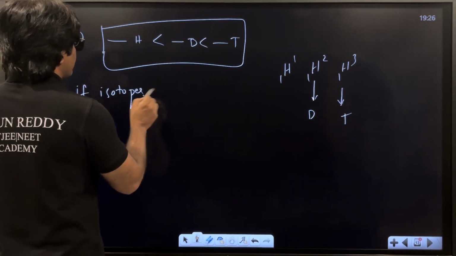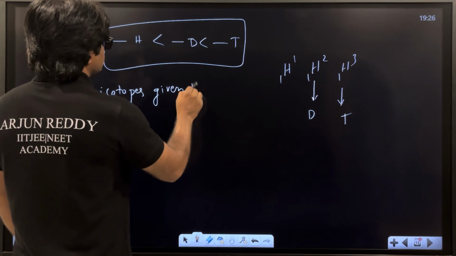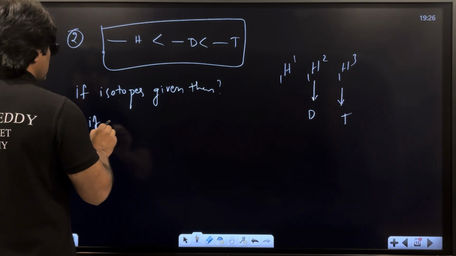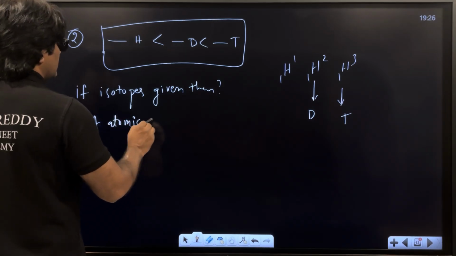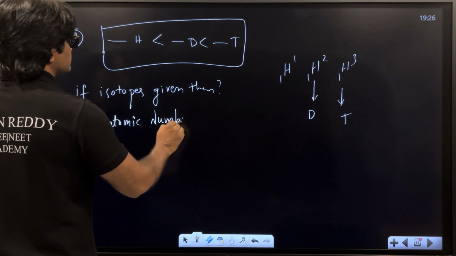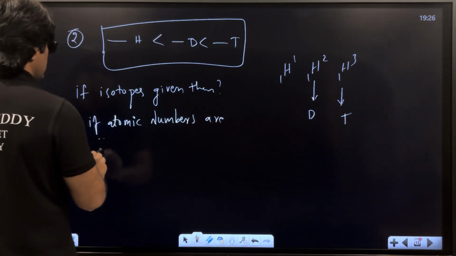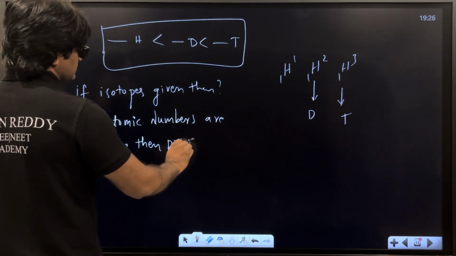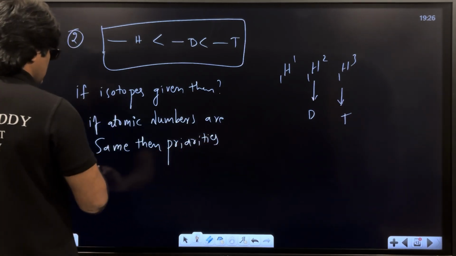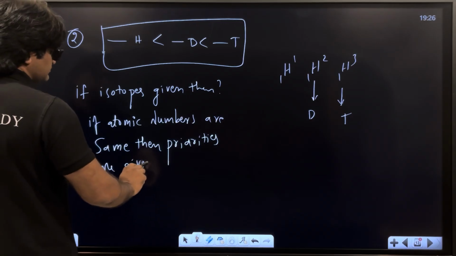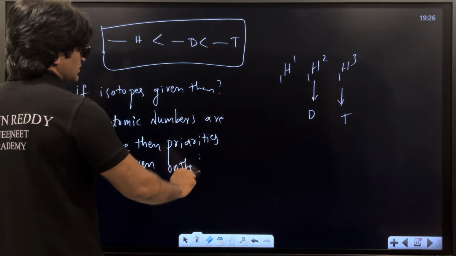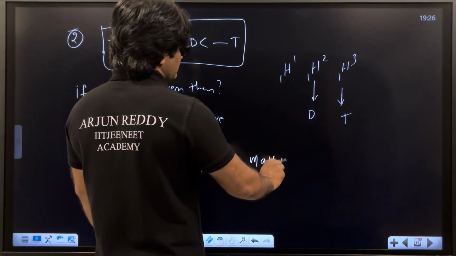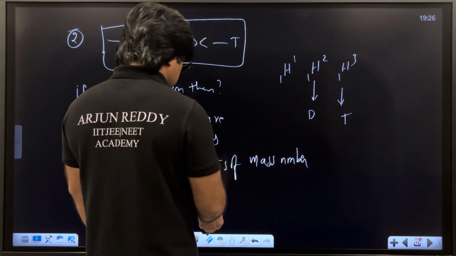In case of isotopes only, if atomic numbers are the same, then priorities are given on the basis of mass numbers.